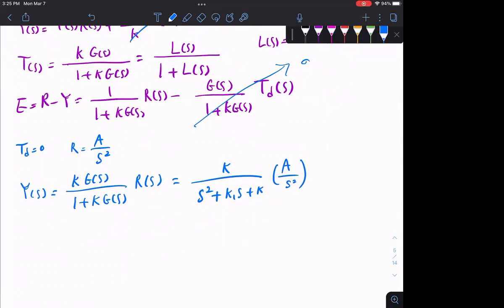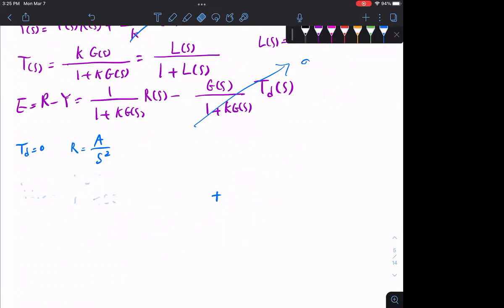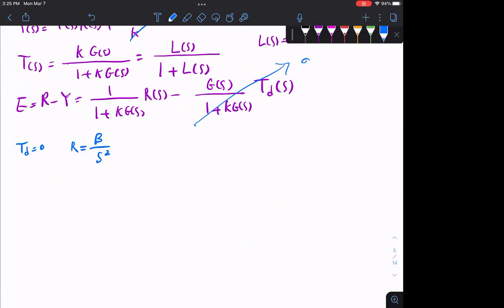You can either go from here and I'm putting the second round. Don't look at this right now. I want it to be, let's say it was B over s squared, just for giggles, because I'm going to use A somewhere else. So T of s, I shouldn't have taken that off, is G(s) over 1 plus KG(s), and error is going to be R(s) over 1 plus KG(s).